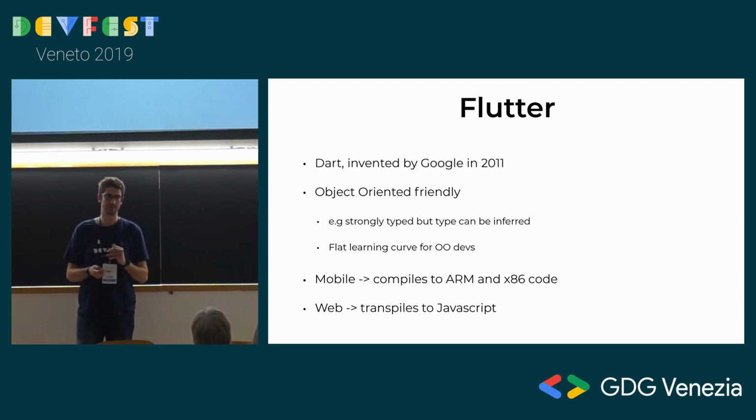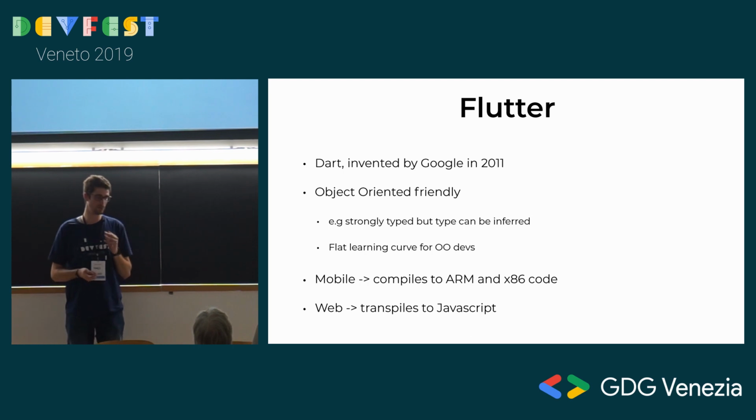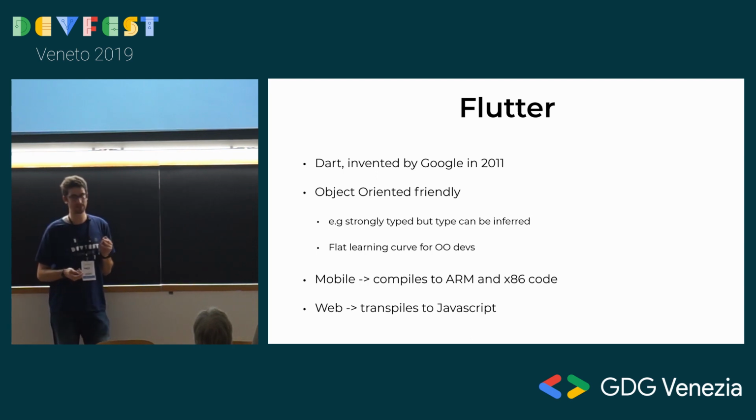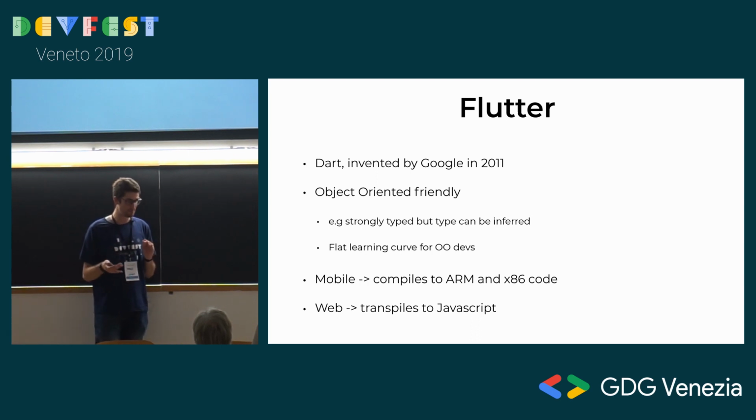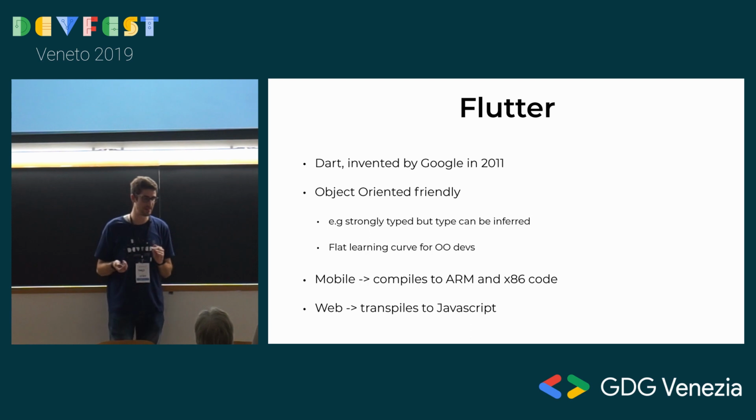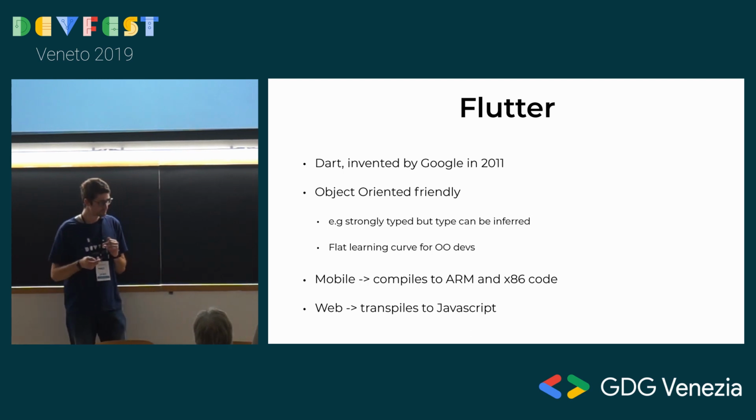Okay, let's talk about Flutter now. Flutter uses Dart, a language invented by Google in 2011. Basically, Google wanted to fix the trouble with JavaScript by making an object-oriented friendly language. For example, Dart is strongly typed, but the type can also be inferred at runtime.